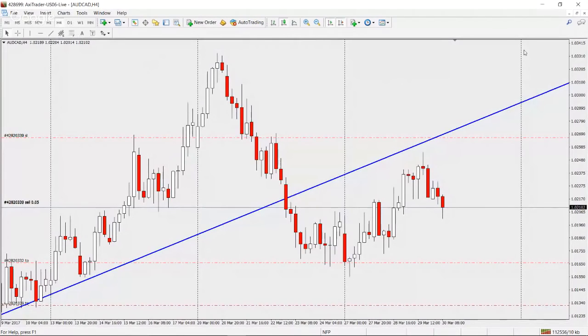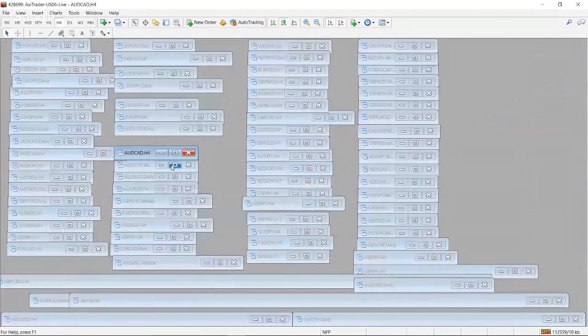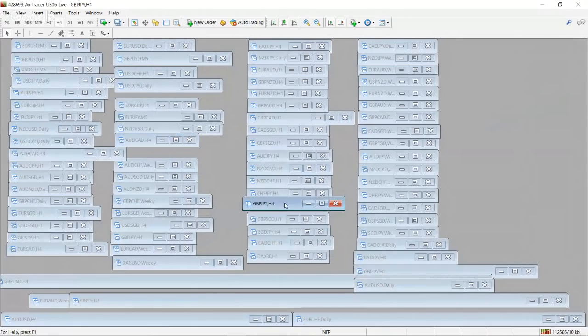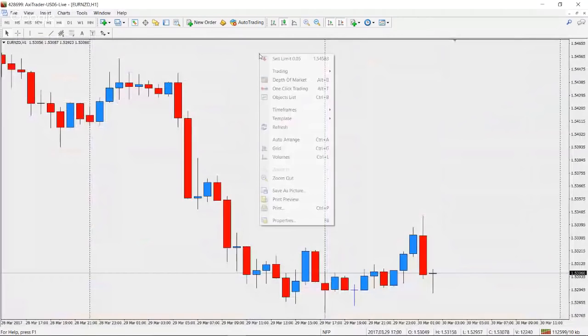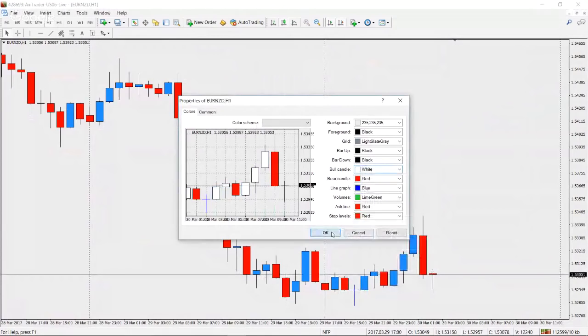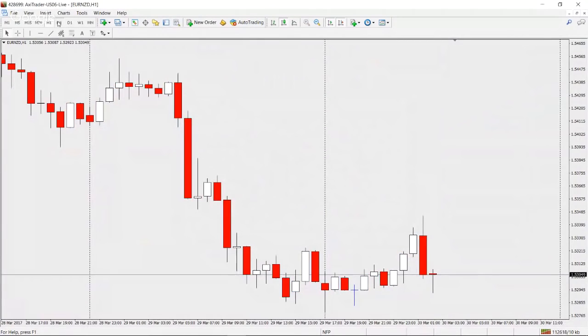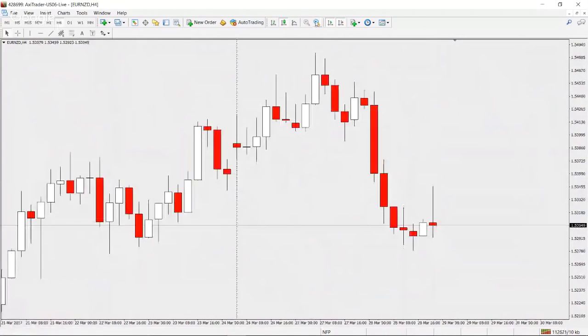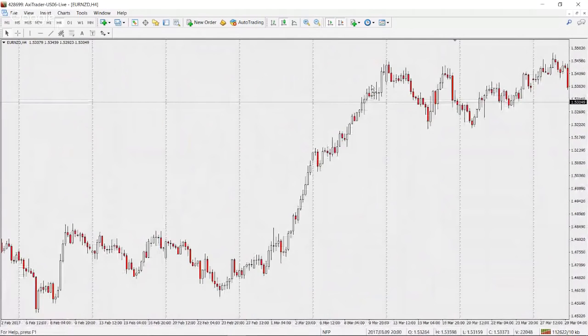Oh, that's the Aussie CAD. I want the CAD, not the Aussie CAD. Actually, let me get the Euro Kiwi. I was hoping that my lines were still on there, so I didn't have to redo everything. But let's see here. We're going to go to the red and white candles for our colorblind friends, and then let's see if we can find this one.